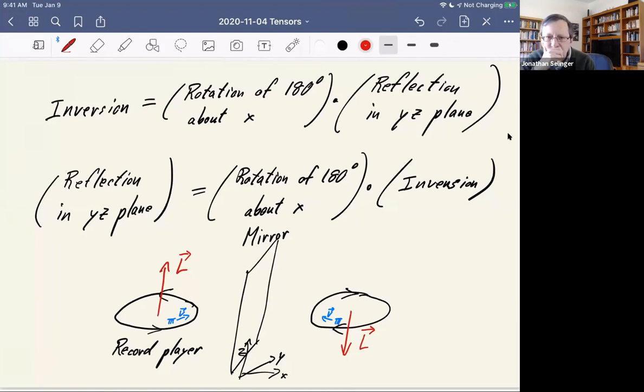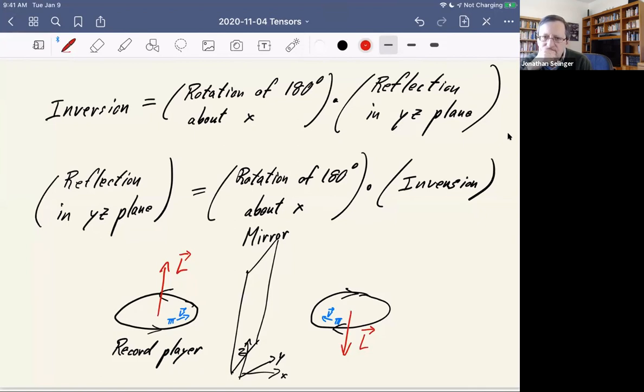For a proper vector, the component normal to the mirror would change sign under the mirror reflection.